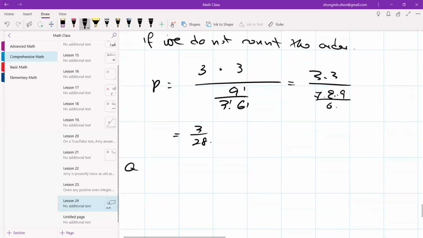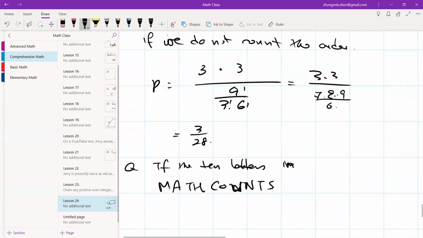The last one is about MATHCOUNTS, okay? The 10 letters in MATHCOUNTS.